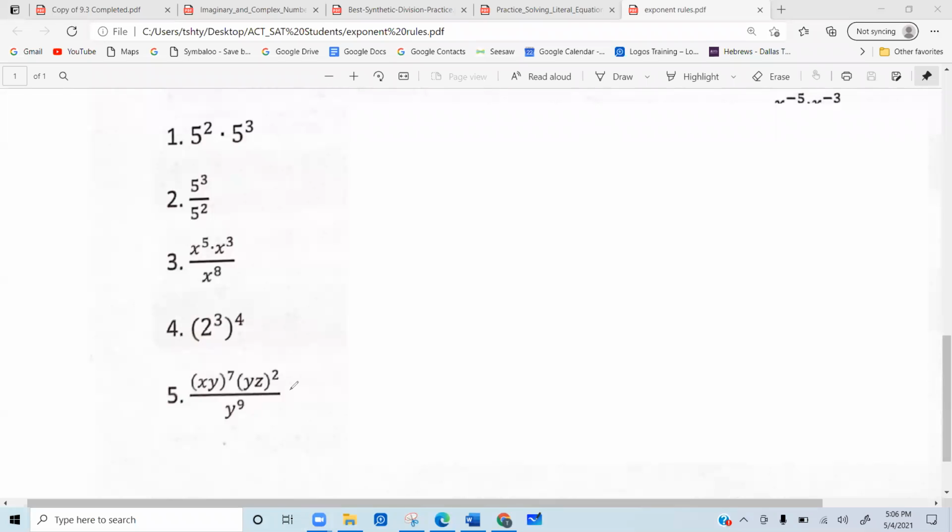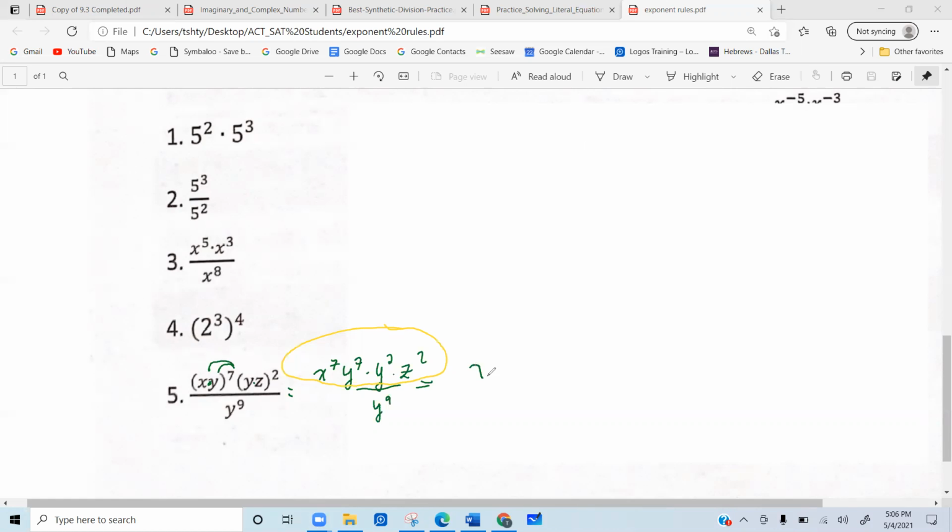Let's continue over here. Now this 7 is, because this is getting multiplied, it is kind of like distributed. And that only works when there's a multiplication between these two variables. So this is going to be x to the 7th, y to the 7th, kind of like distributing, times y squared times z squared over y to the 9th. We're going to add across in the numerator, add the powers, we're really multiplying.